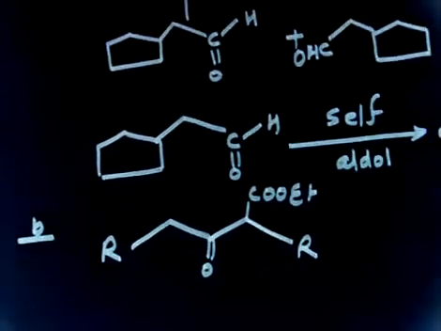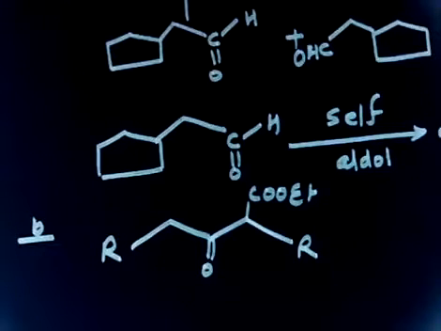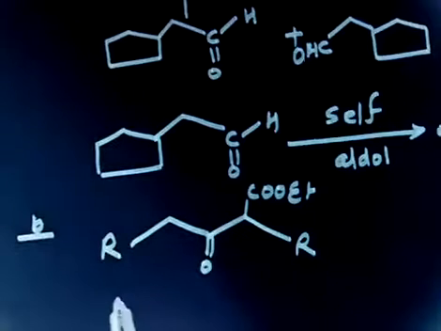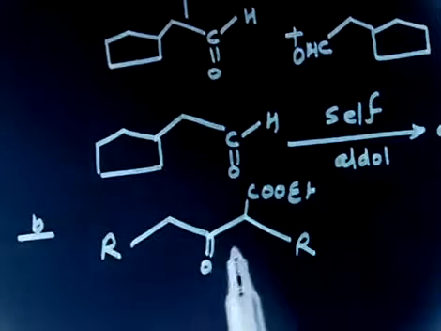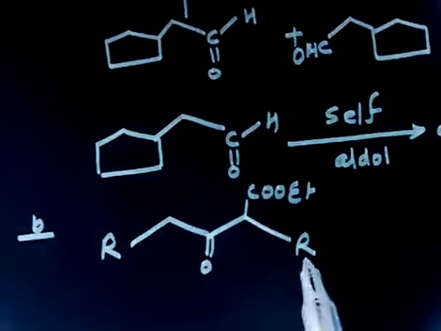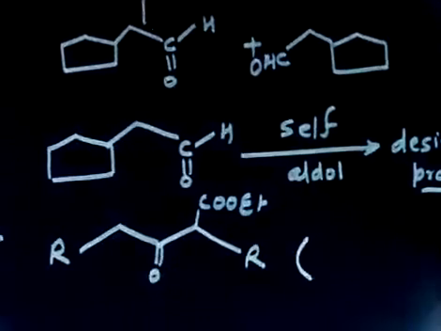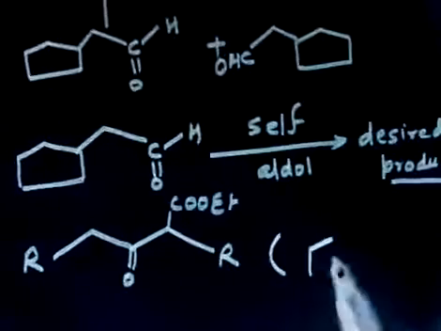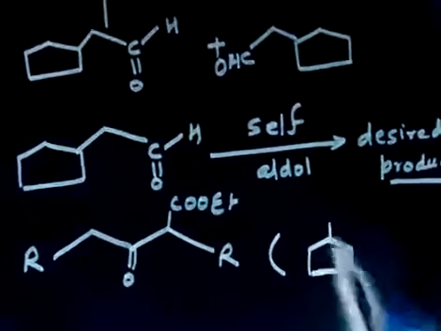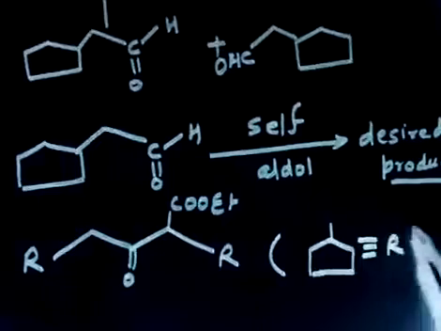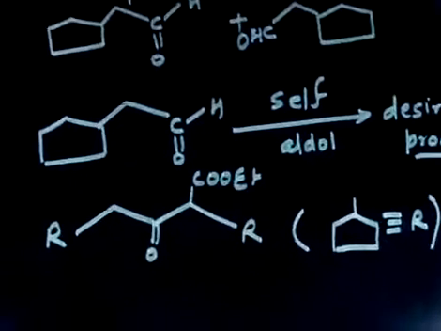How can we prepare this one? So let us think. So you have R, CH2, CO, COOEt, and this side again you have R. Basically in this case R is a cyclopentane ring.